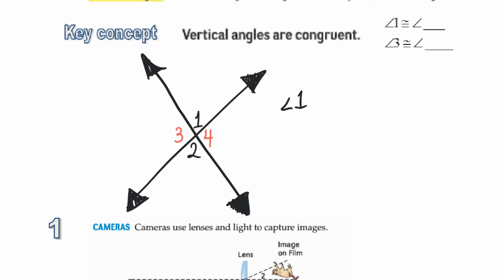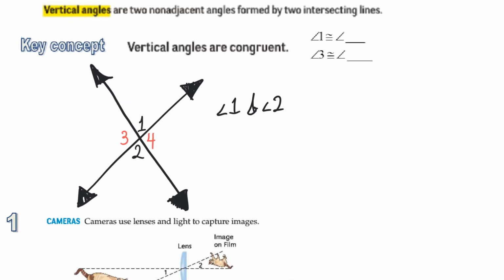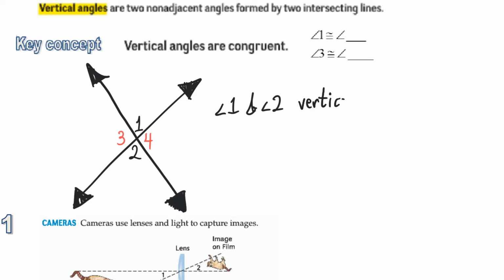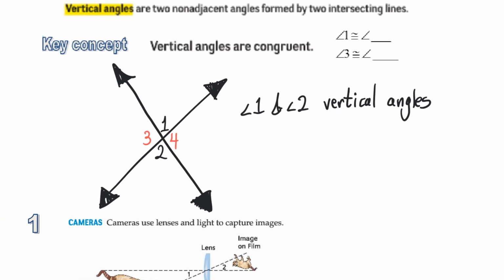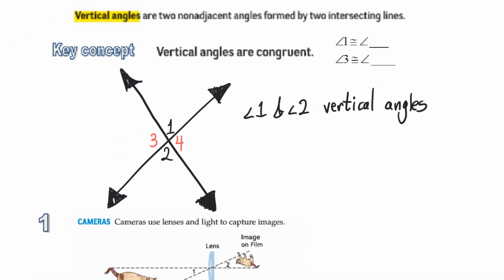Angle 1 and angle 2 are a pair of vertical angles.